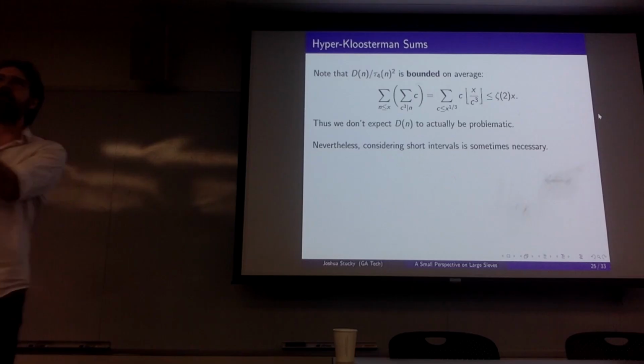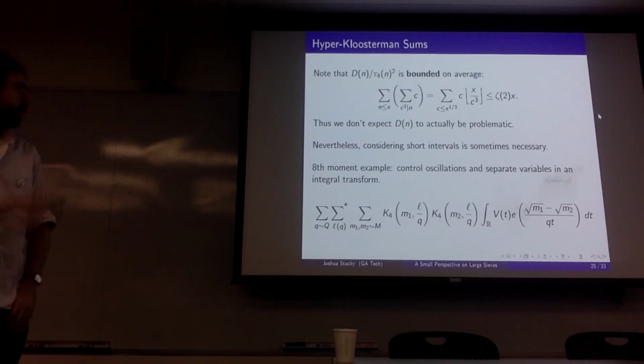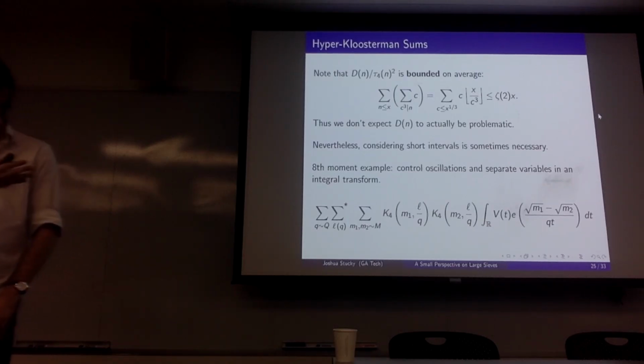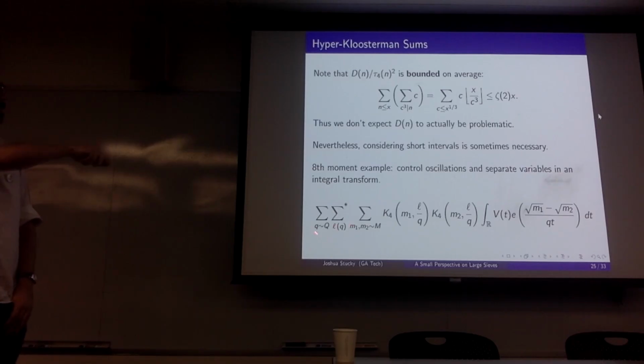You want to apply this large sieve inequality in a setting where you've had to split your intervals into somewhat short intervals. An example in the eighth moment is where we need to control the oscillations in a particular integral transform. Here's the sum over my harmonics. I actually have two sums where I'm going to eventually Cauchy and split it into something where I can apply the large sieve.